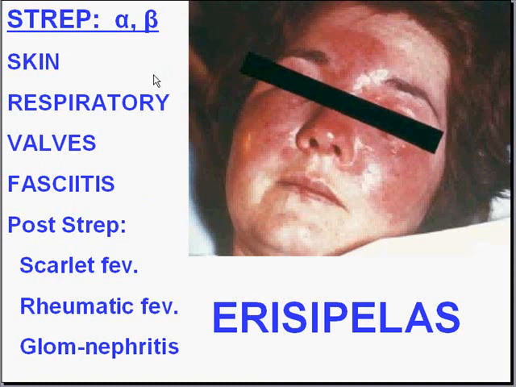But probably a more important and independent type of division is what kind of hemolysis they would cause. So often you'll hear the strep classified as alpha hemolysis for alpha strep, beta hemolysis for beta strep, and there's even a non-hemolytic type.